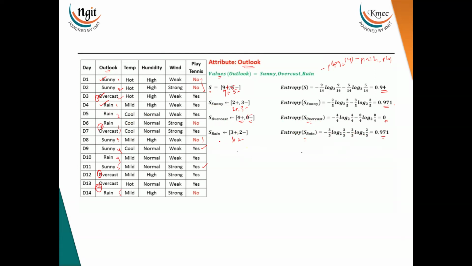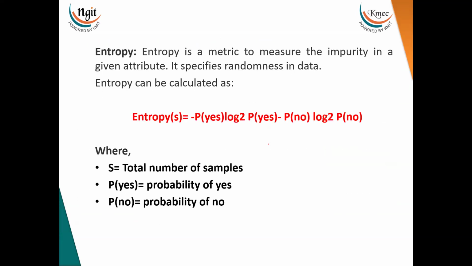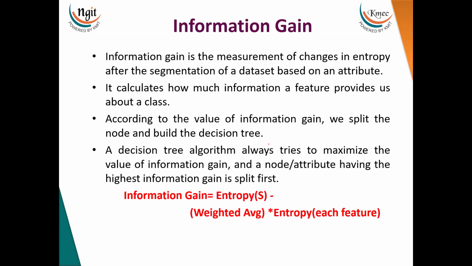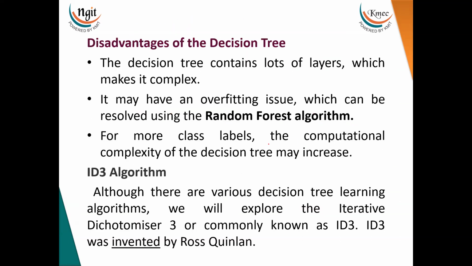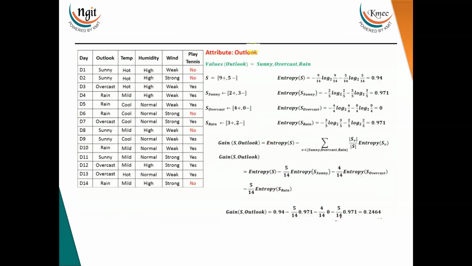Now the next thing is we have to find out the entropy of the whole data set. I hope you remember the formula. Sorry, not that, we already found the entropy. Now we have to find out the information gain.